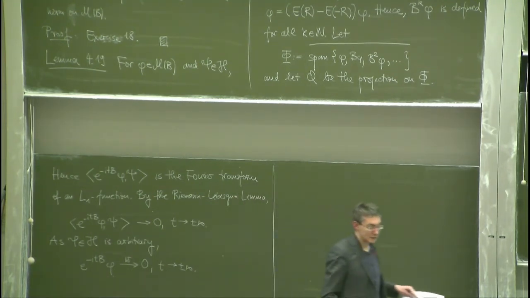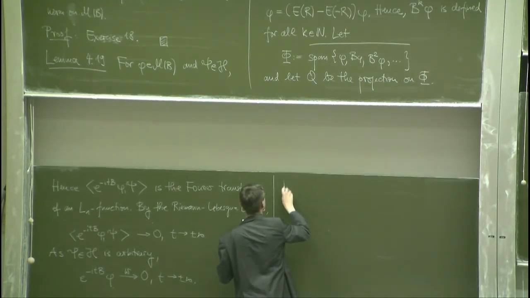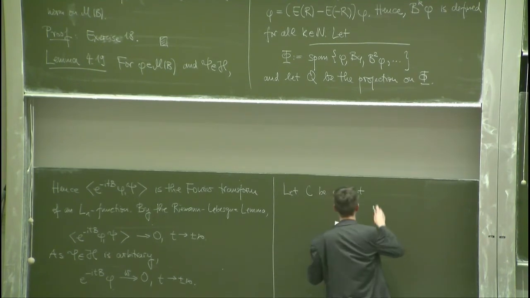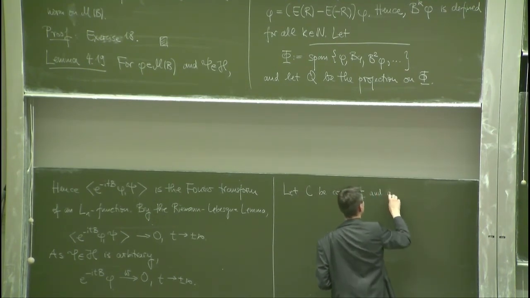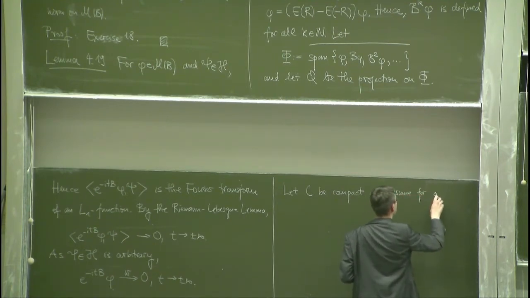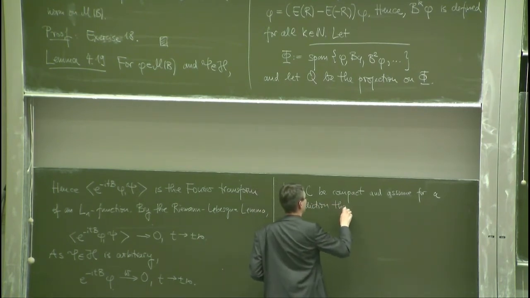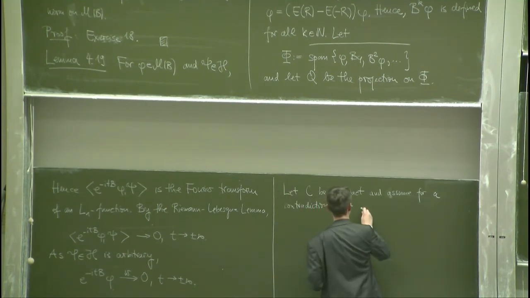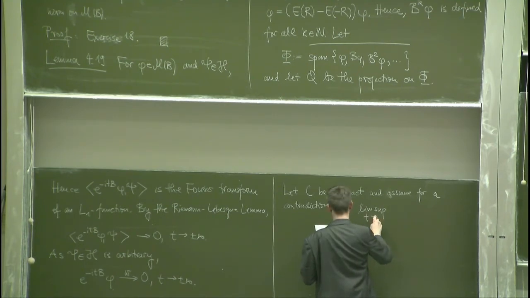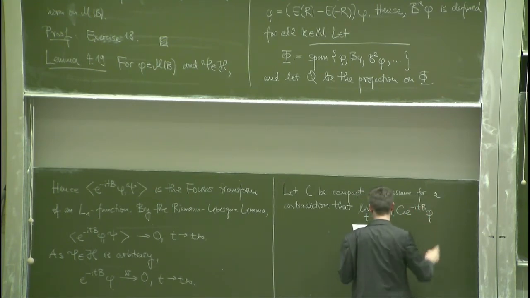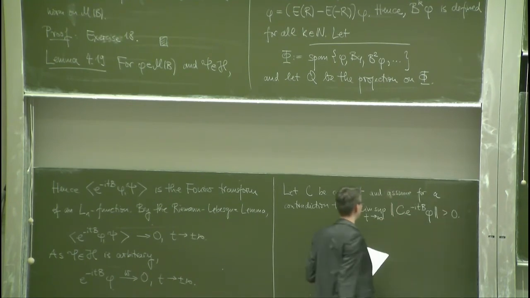Finally, let C be compact and assume for a contradiction that the lim sup for t to plus infinity of the norm of C exponential minus ITB phi is positive.